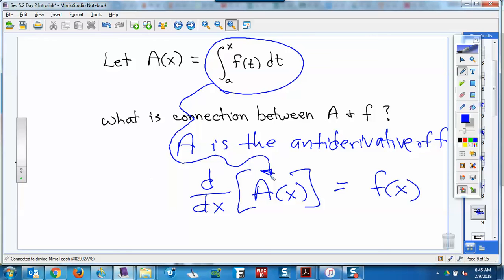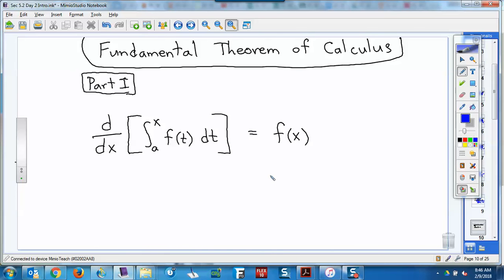This line says a mouthful right here, because this is area and this is slope, and this is basically saying that those two undo each other. That's the relationship. That's your connection from area to slope right there. So we're going to sneak that in there and write it like that. And that is called the Fundamental Theorem of Calculus, Part 1.